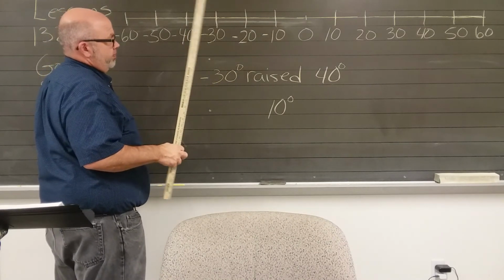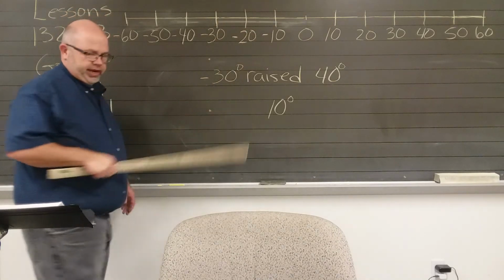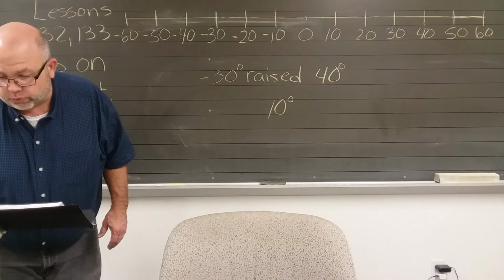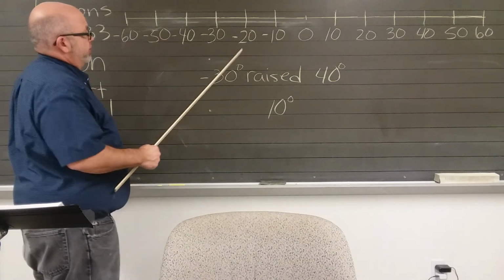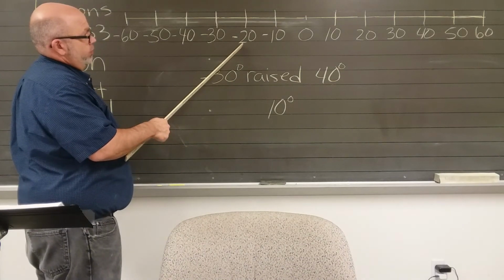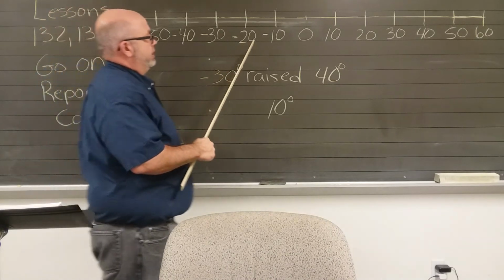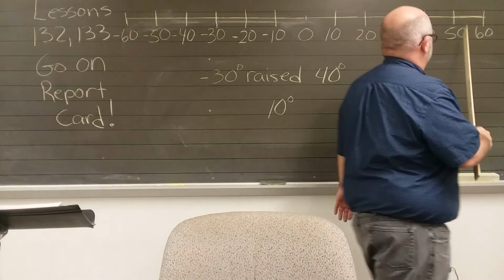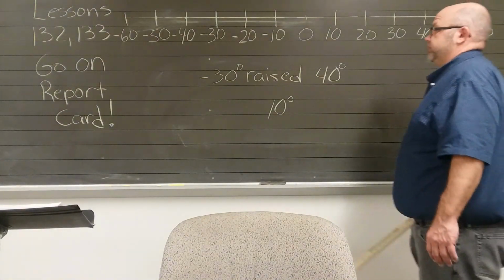Okay, so you start with whatever number they say. Look at number 2. The temperature was negative 20 degrees. It rose 100 degrees. So you have negative 20, and it rose 100. Well, there's not even enough numbers on here. If it rose 100, so you have 10, 20, 30, 40, 50, 60, 70, 80, 90, 100 would be 80 degrees.